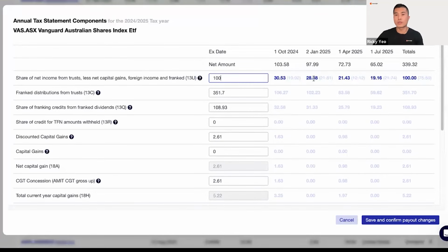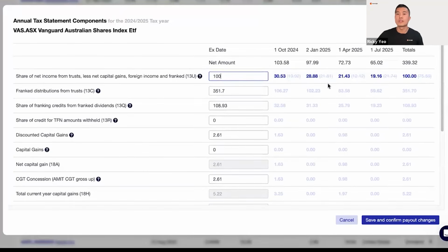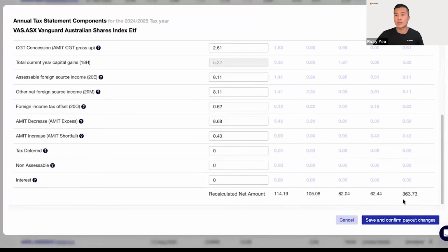Even though Sharesight doesn't show it, these are broken into 3, 4, 5, 6 decimals. So at the end, when it sums up all those numbers, because of some rounding, it is normal to have a cent off. But again, like I said, when you submit it to the ATO, you're not going to get into trouble just because it is 1 cent off or something.